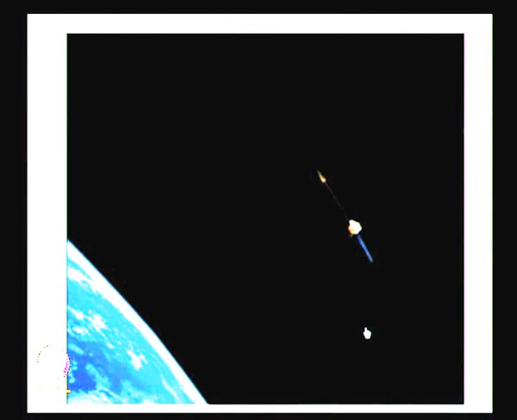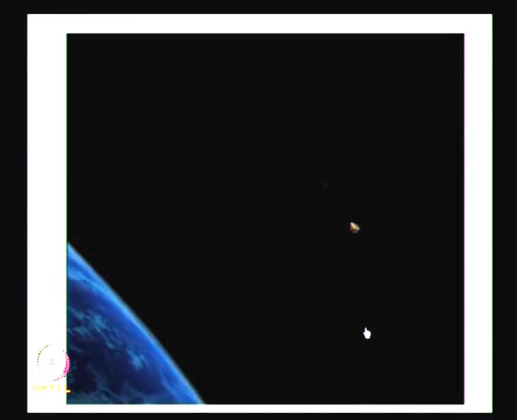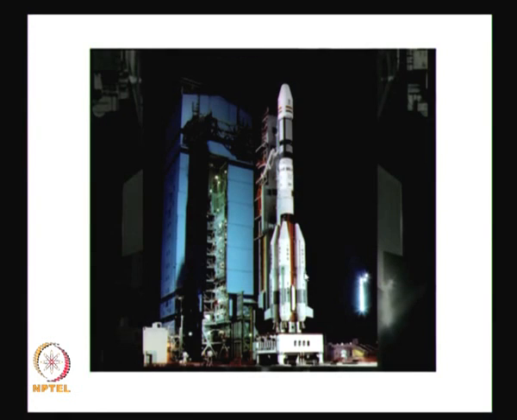Therefore, staging is a very important exercise in any of these rockets, staging, clustering, and yeah, this is the GSLV. As we just now saw, these were the 4 straps. This is the first stage, second stage, and the third stage.